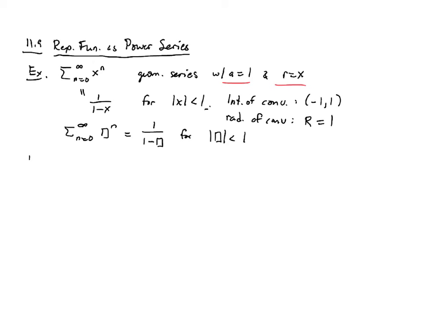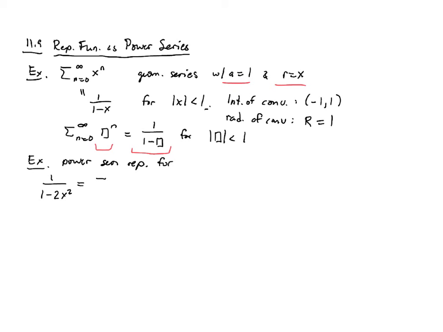So for instance, we can use this to find a power series representation for the function 1 over 1 minus 2x squared. That's us using 2x squared in the box in this expression. So the equality says that I can put 2x squared in the box in the left-hand expression.